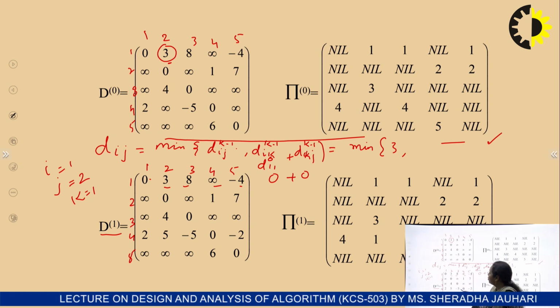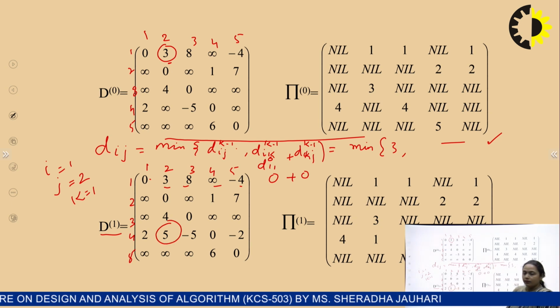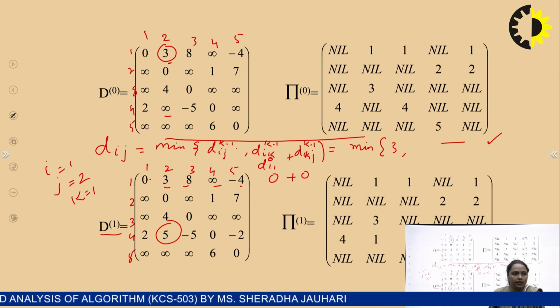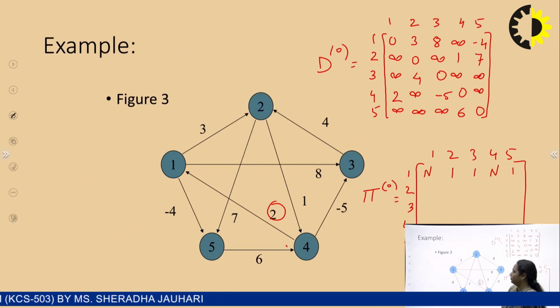Next, let us take the value of this particular cell. This cell has value infinity. And what is the cell? 4, 2. So now calculate the same thing for 4, 2.